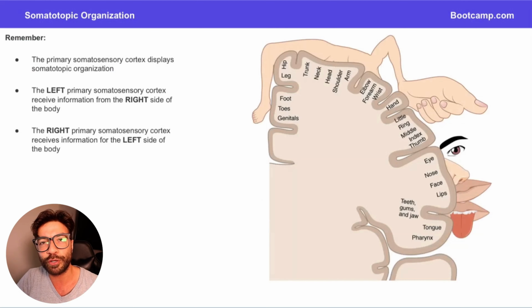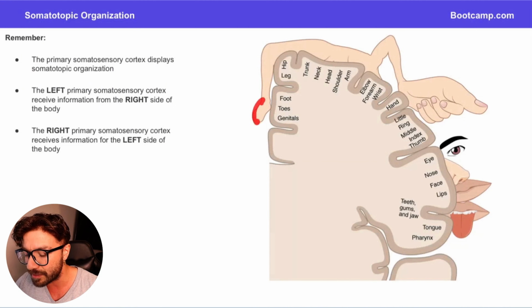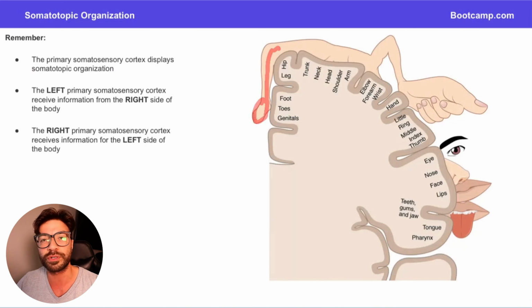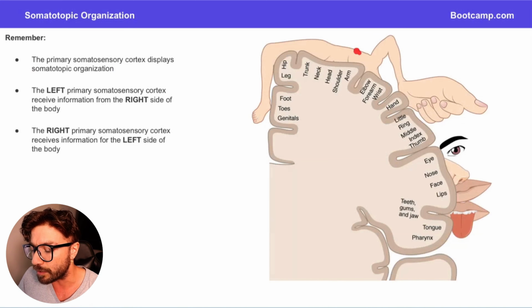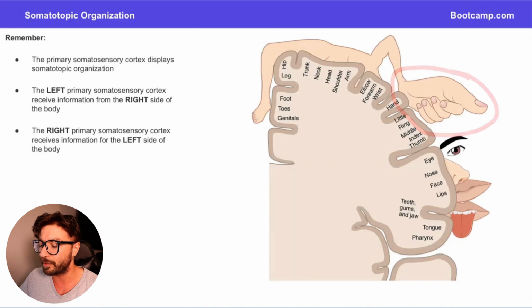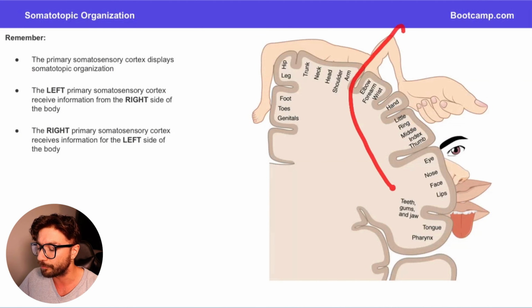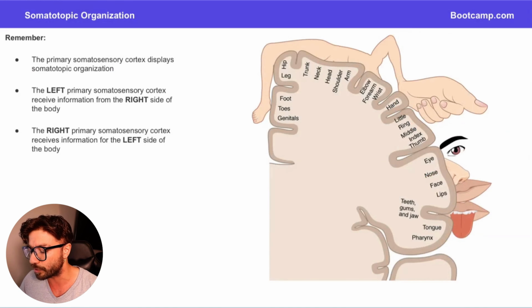So now let's take a closer look at the primary somatosensory cortex and look at its somatotopic organization. You can see the somatosensory cortex has different areas for different parts of the body which it will perceive sensation for. So our legs and feet are going to be found towards the midline, as well as our trunk. Our hands and palm, these are going to be found more towards the middle of the primary somatosensory cortex.